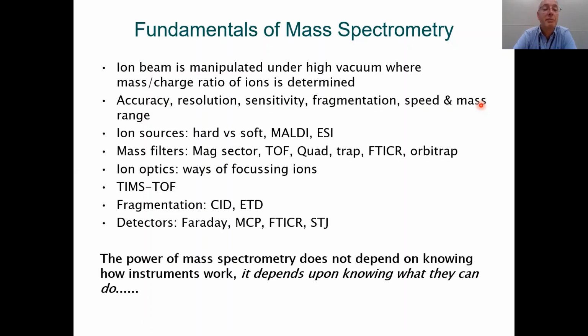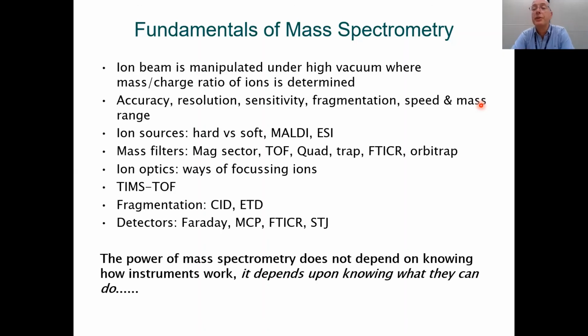We looked at different types of mass filters. So we looked at magnetic sector, time of flight, quadrupole, ion trap, Fourier transform ion cyclotron resonance, and Orbitrap detectors. And these are different types of ion optics, and these are just different ways of focusing ions. We looked at the TOF-TOF instrument. We looked at different types of fragmentation, CID and ETD, and then finally we looked at different types of detectors.